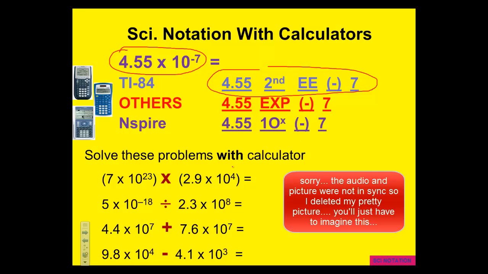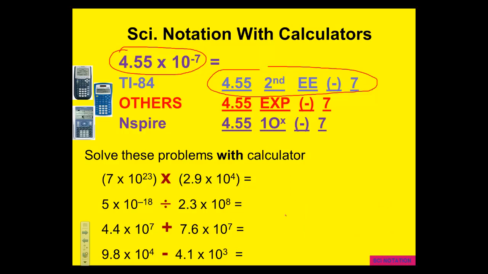So let's solve some problems using our calculator. I'll use this blue one. I like the blue one. 7.7 times 10 to the 23rd. So I plug in 7, second, EE, 23.